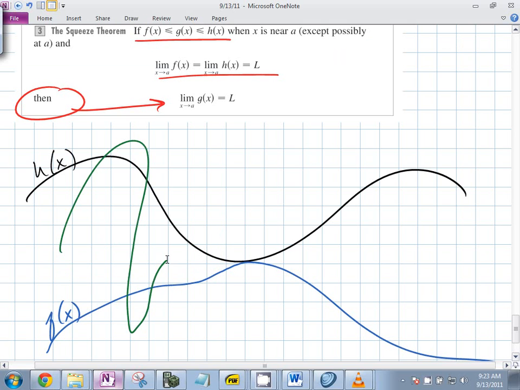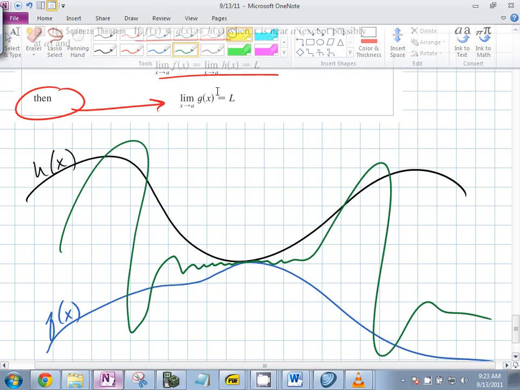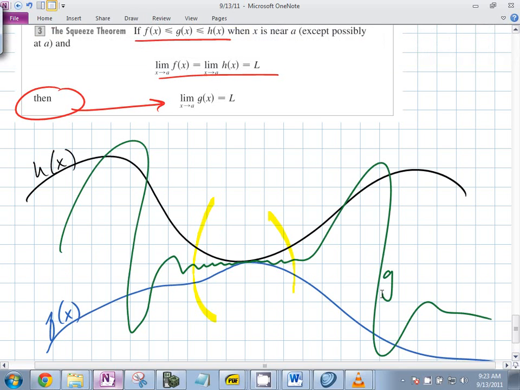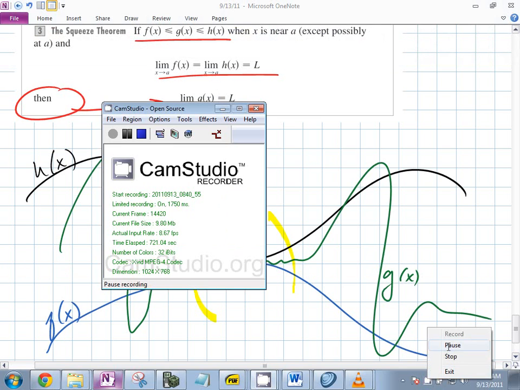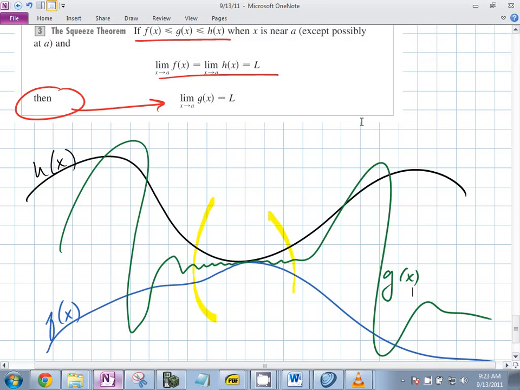But then when it gets really close, it gets stuck between. So in this neighborhood around it, g of x is stuck between the two. So it's L. If the upper and the lower go to the same thing, then the middle thing has to go to the same thing. So the first thing you have to do is build the bounds.